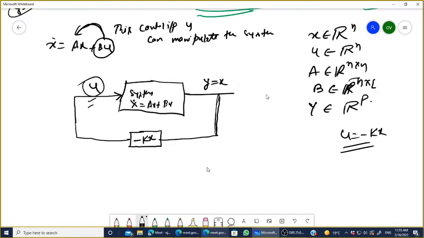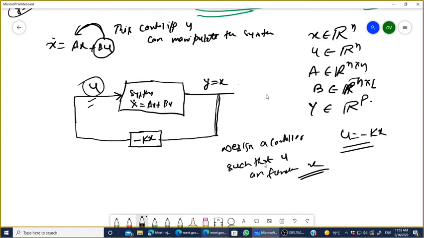Is it clear? So what we are going to do, we are just designing a controller, you can say, such that u as a function of what? X state. And what it will do? It will just be optimal for the linear system. ये optimal control करेगा उसको. Yes or no?